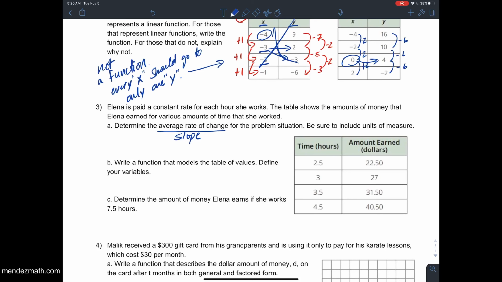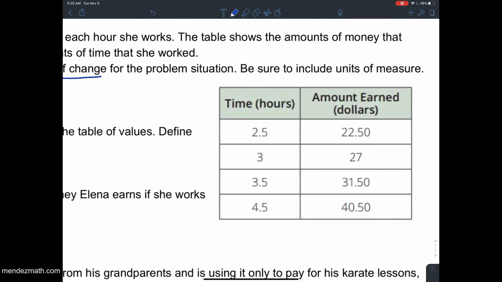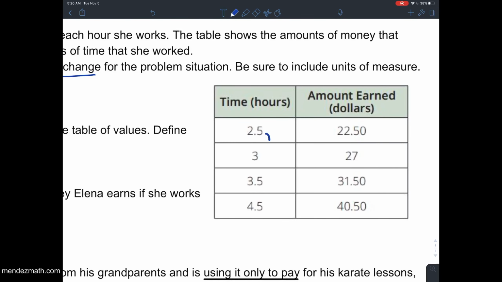So this is the easiest way to do it. Again, we're going to check the changes. From here to here is 0.5 in terms of time, or 30 minutes. But it's 0.5 of an hour. It's half an hour. So what's the jump from here to here? $4.50.